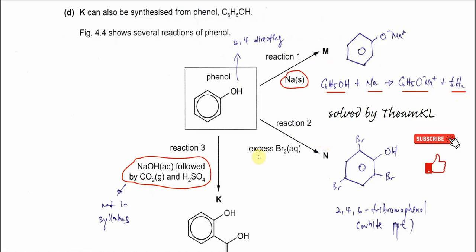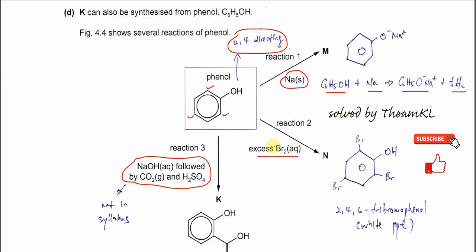For reaction 2, excess bromine water is used. So we know that bromine will undergo electrophilic substitution with this phenol. Phenol, because it is an electron donating group, will direct 2, 4, 6 substitution.